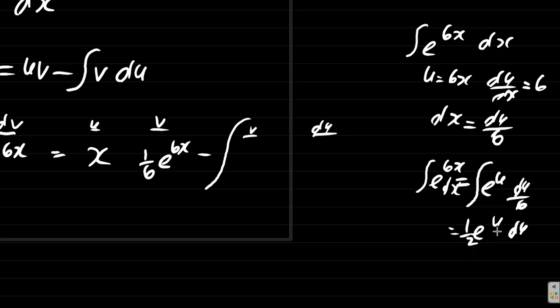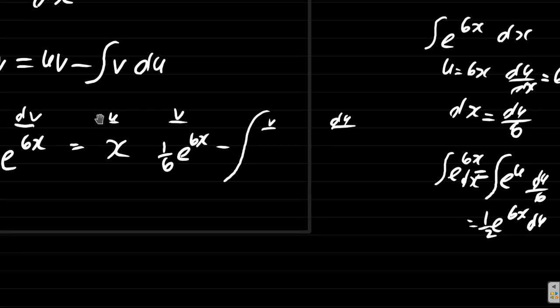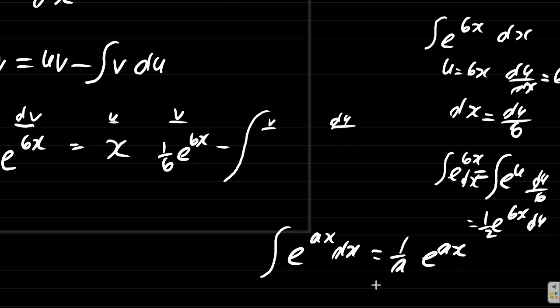But u was 6x, so it's really e to the 6x, alright? So that's really what happened. 1/6 e to the 6x. Remember that when you integrate e to the ax dx, you're going to get 1 over a e to the ax. That's the form that you're going to get. Alright?